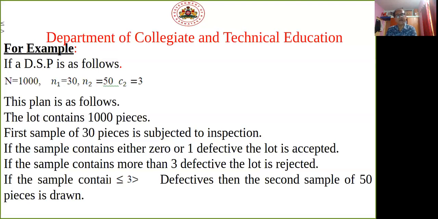If there are 0 or 1 defectives, then accept the lot. Otherwise, you have to reject the lot. If the number of defectives in the first sample exceeds 3, you reject the lot. And if it is less than or equal to 3, then you go for sample 2 and draw 50 pieces from the lot. That is the second sample.